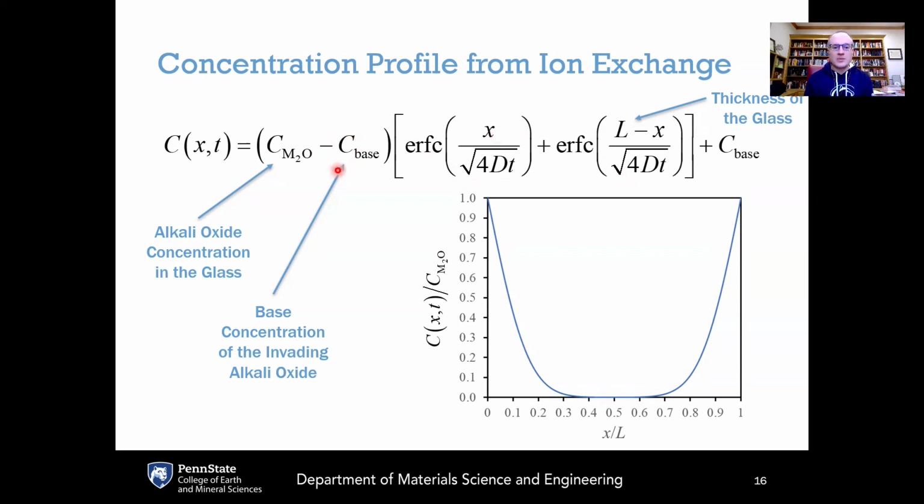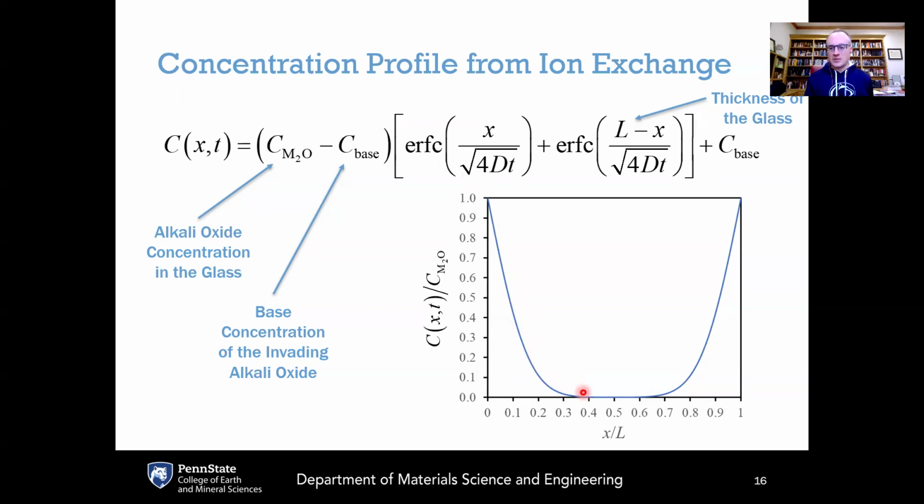Now, one thing that we have here is the scaling factor, which is the alkali oxide concentration in the glass minus the base concentration of the invading alkali oxide. So in this plot, you see that this goes all the way down to 0.